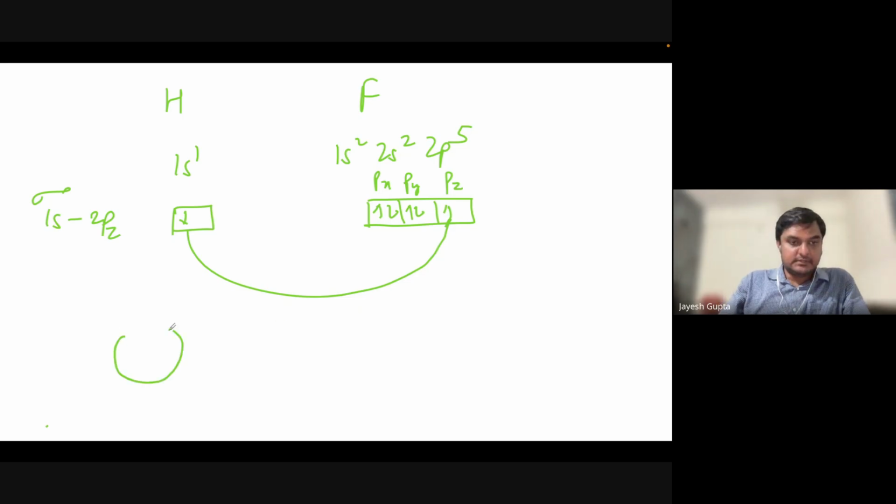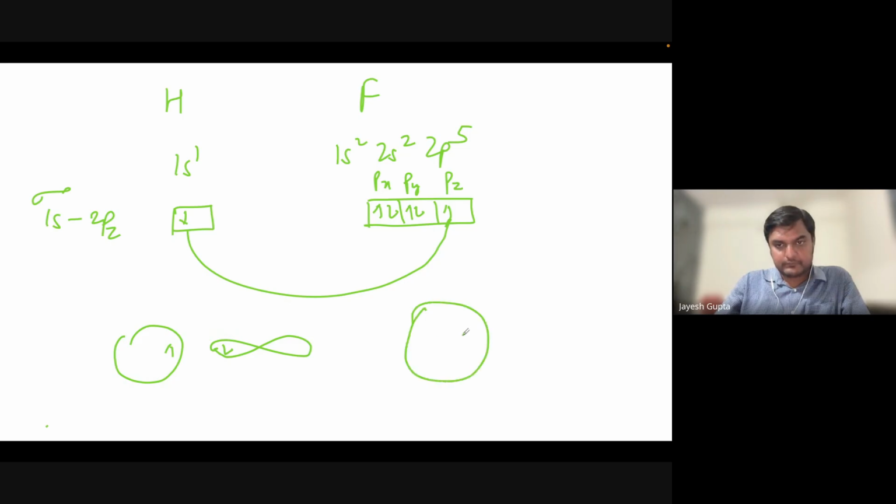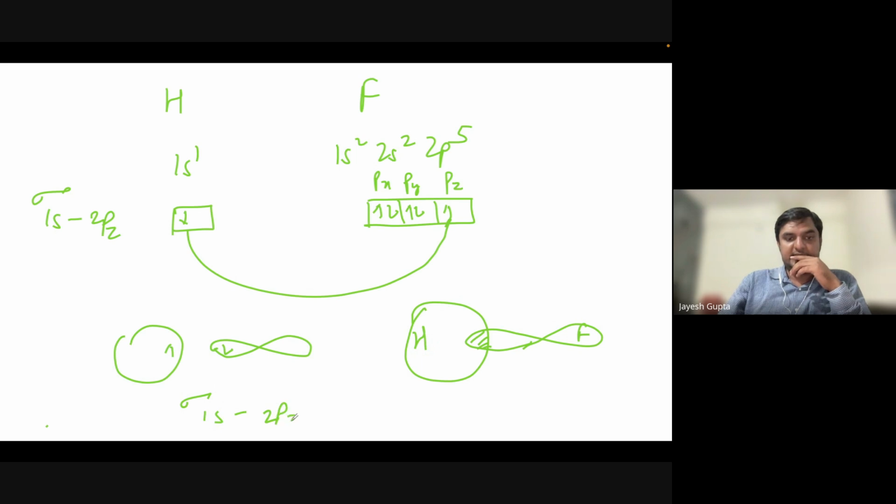It will be like this one. So in this way, you got sigma 1s 2pz. This is your s, this is your pz.